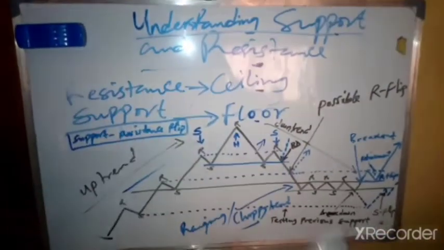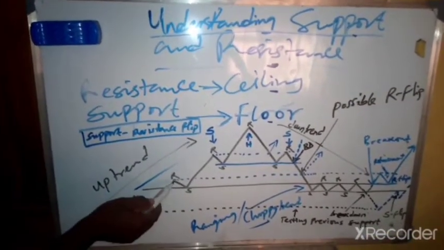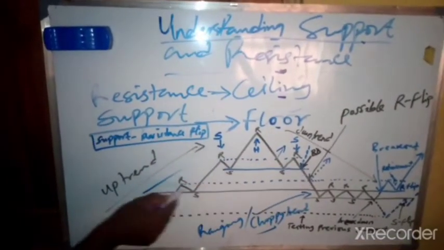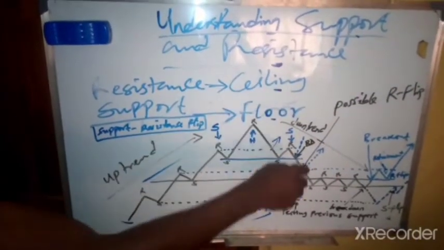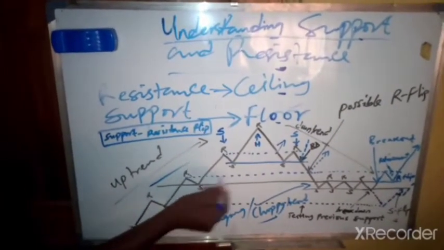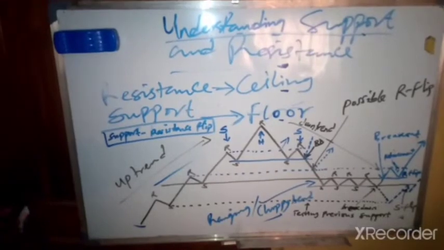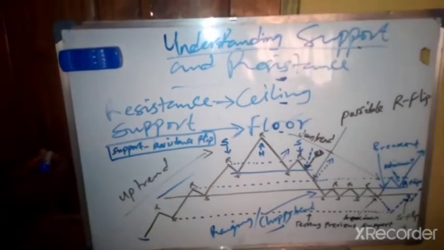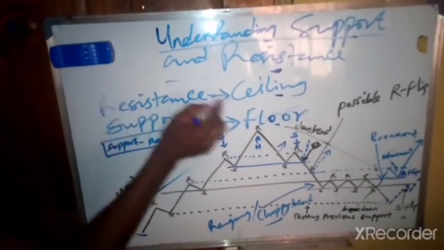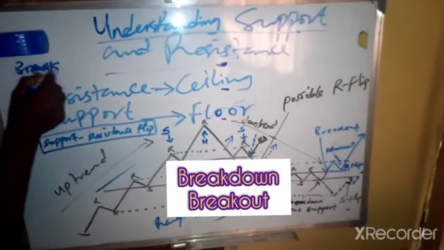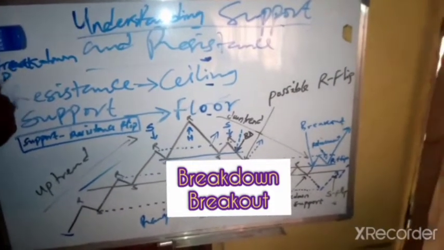It would also have been possible for financial institutions to push the price above when the price was falling, because this resistance would have acted as support, but we still saw a breakdown to the previous support. Do you understand? So the price went up. So two things I need you to understand are the concepts of breakdown and breakout.